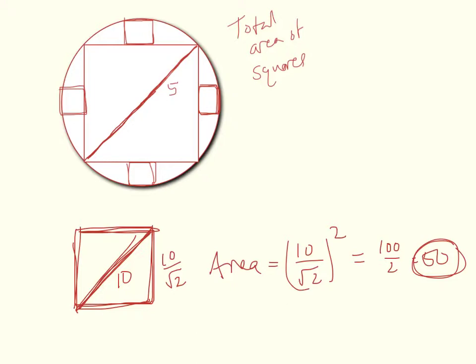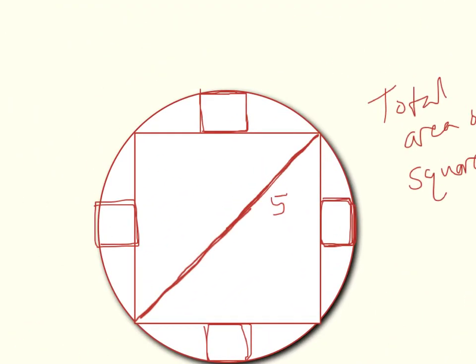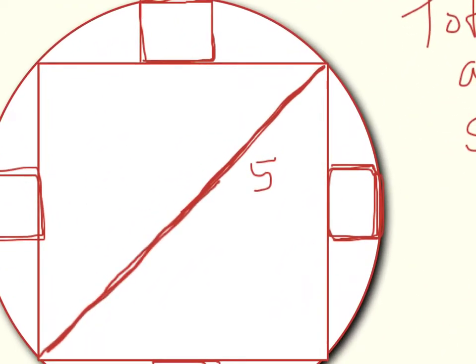Now, to the hard part. Let's use a different color. How about blue? We're going to call the side length of the small square x.